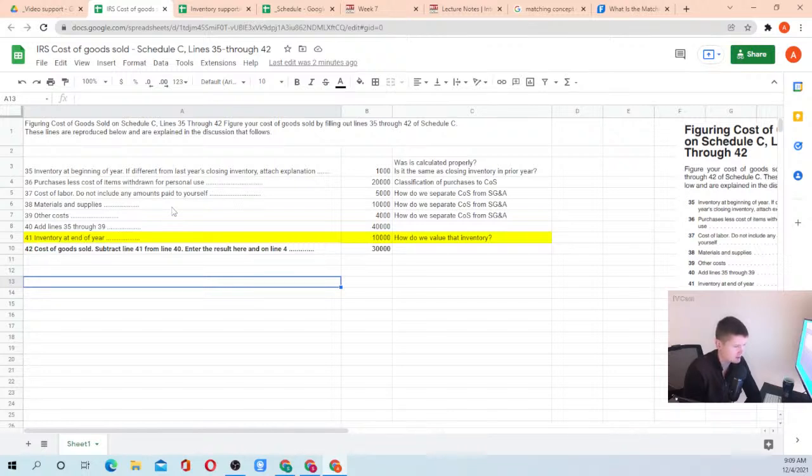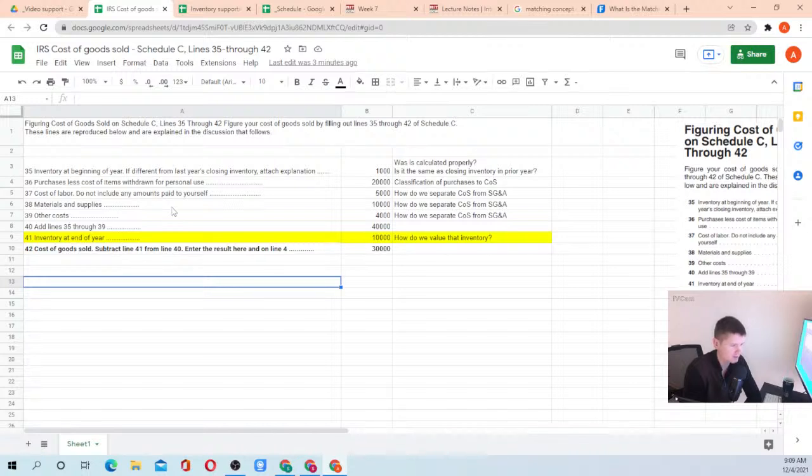So if you sell some unit of inventory, and if you know what the cost of that unit of inventory was, you can expense the exact cost of that inventory.